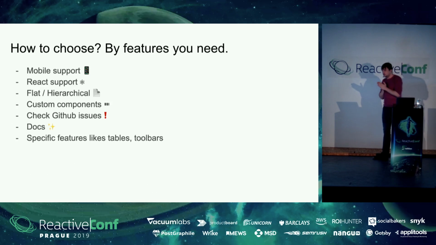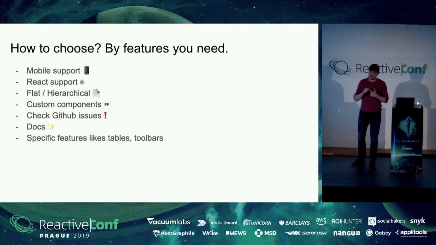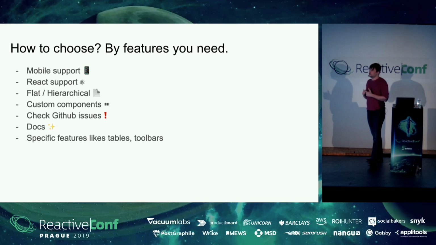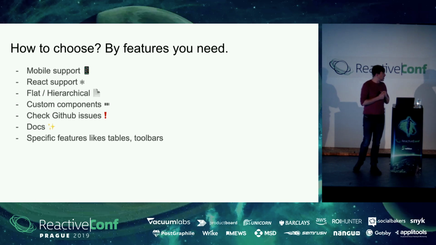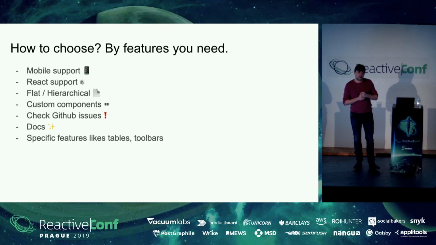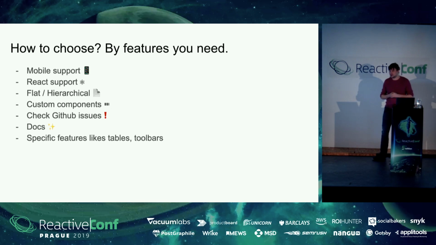So how to choose? By the features you need: mobile support, React support, whether you need a hierarchical or flat document model, custom components. Always check GitHub issues, because that is the source of truth, and it also depends on documentation.